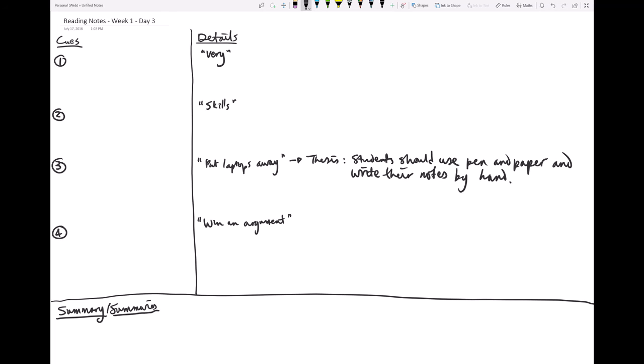Here I'm also practicing a skill of paraphrasing, which is writing the thesis statement that the author has written in my own words. Notice I wrote, students should use pen and paper and write their notes by hand.